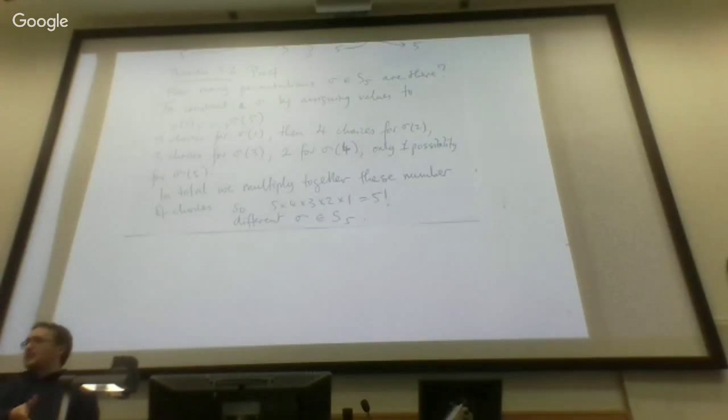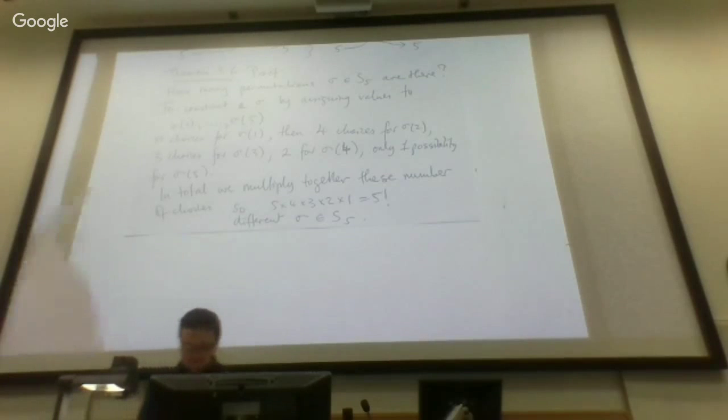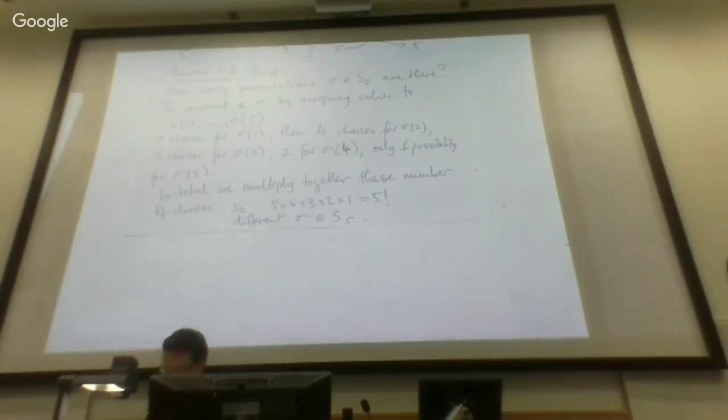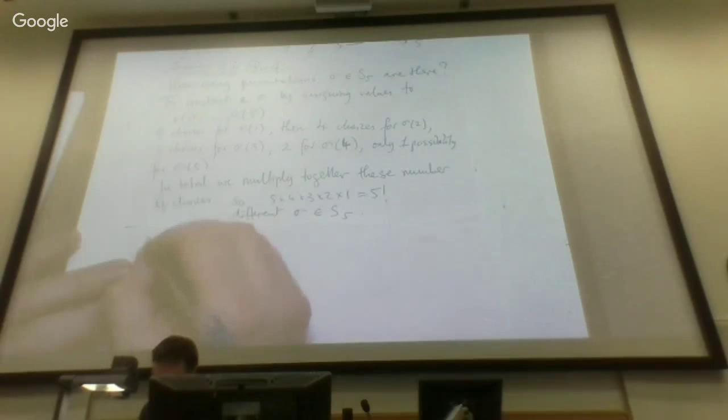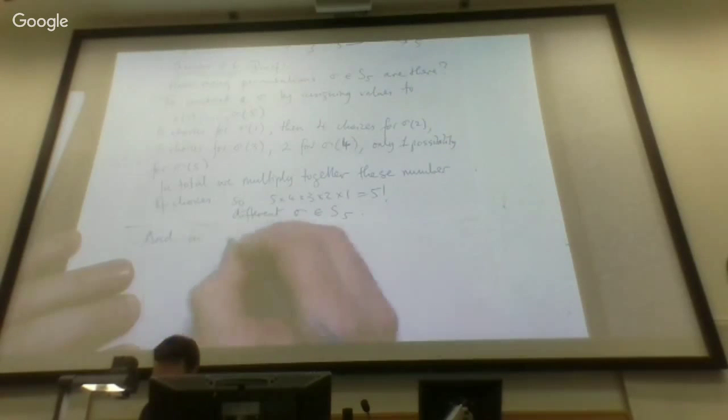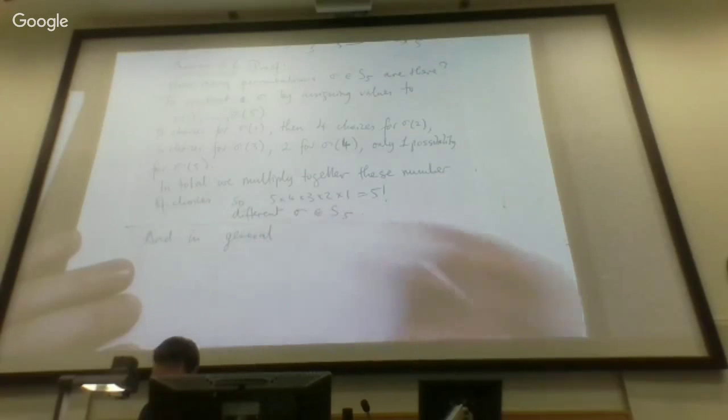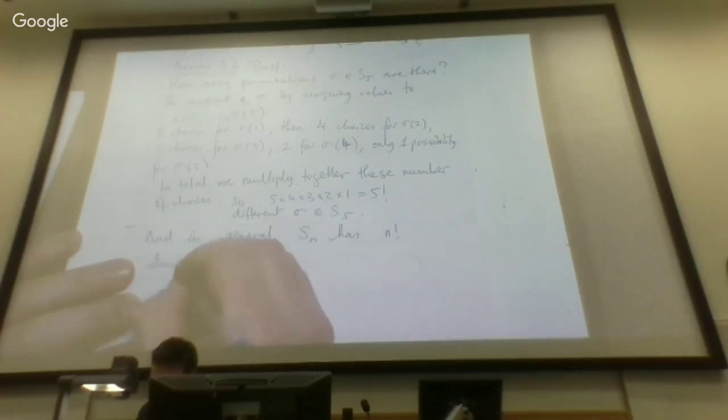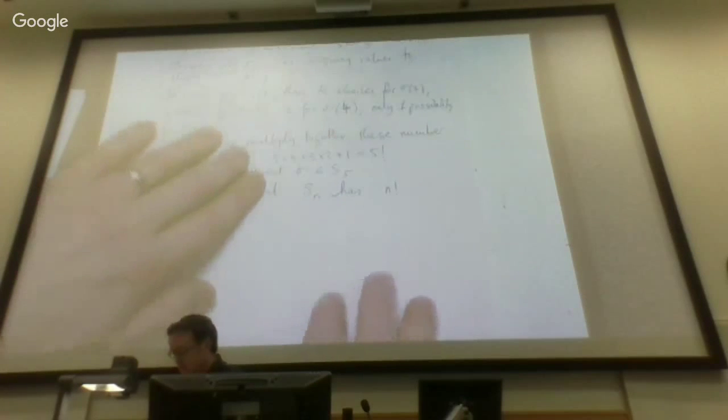And there's nothing special about 5 here. You run exactly the same argument for any n. So in general, Sn has n factorial elements in it.